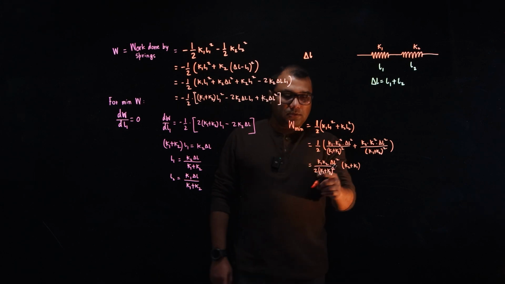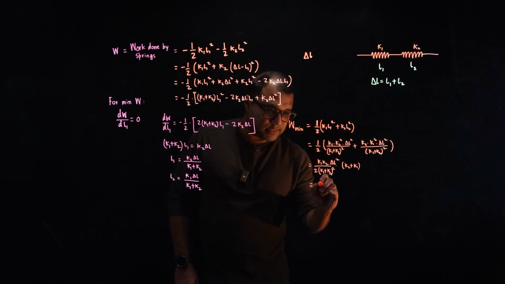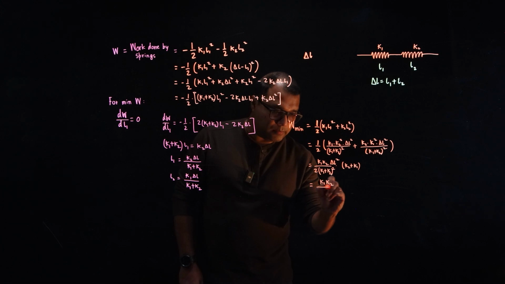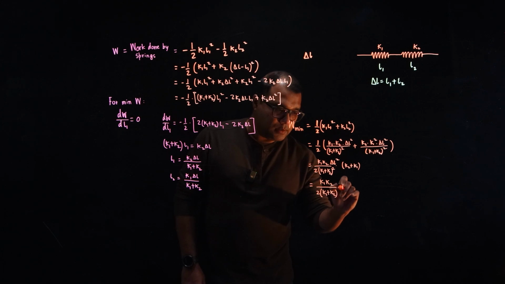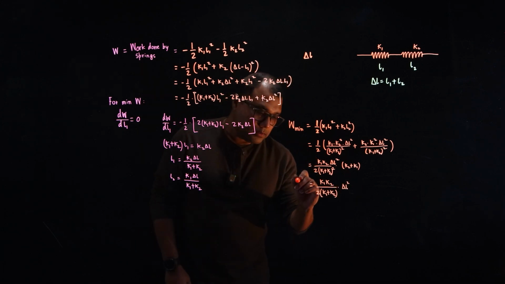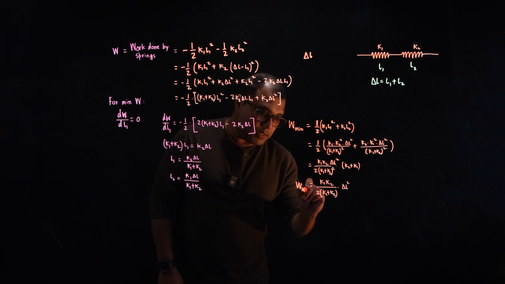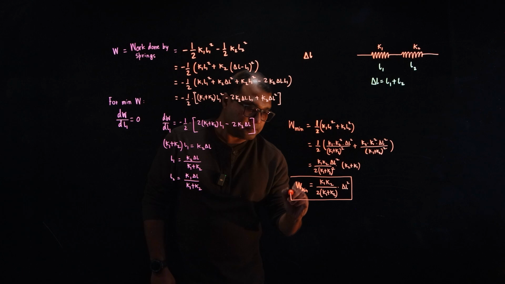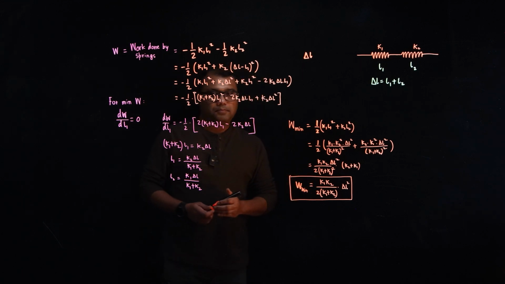Okay, so one of these gets cancelled out, so this becomes K1 K2 by 2 K1 plus K2 delta L square. So work minimum is this. Okay.